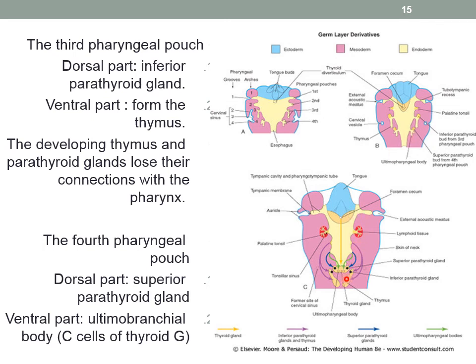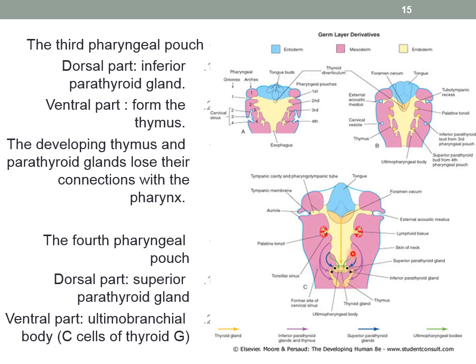As the fetus develops, as you see here, the third pharyngeal pouch gives origin to the inferior parathyroid gland, the dorsal part, and the ventral part gives the thymus.